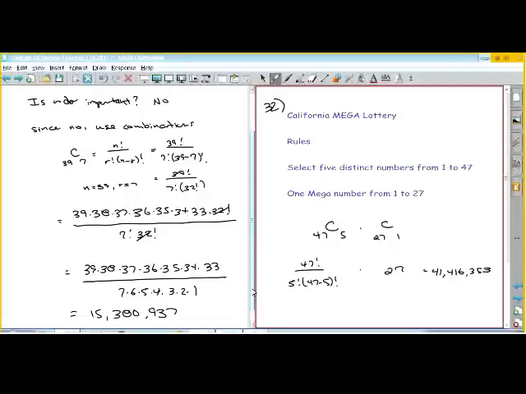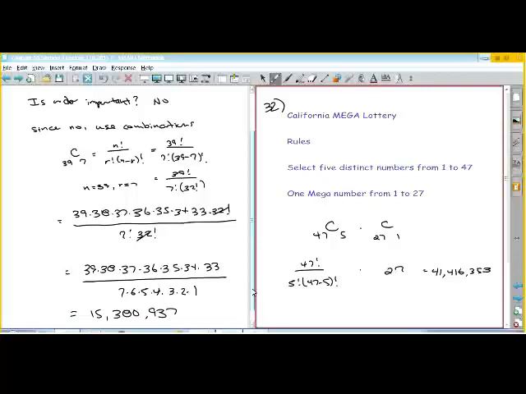And again, this all goes back to the fundamental accounting principle, which says that, in this case, the previous one, I've got a 7-part process. The first one is I'm choosing one number out of 39. Once I choose that one number, I can't use it again, so then I only have 38 numbers to choose from. And I do that for each one of the 7 steps.